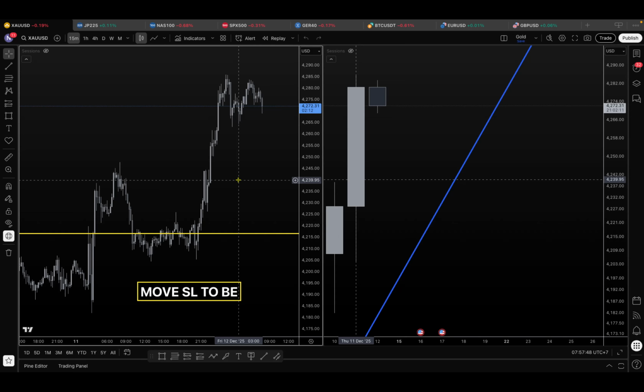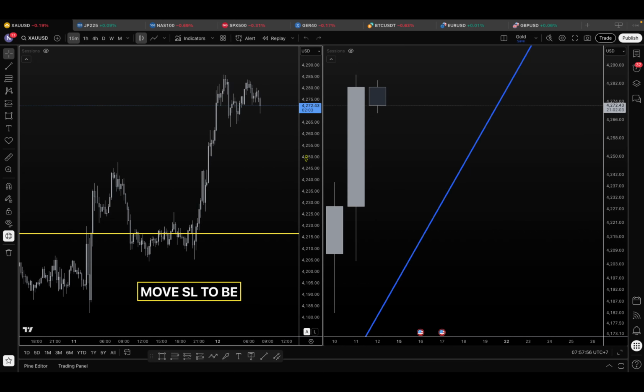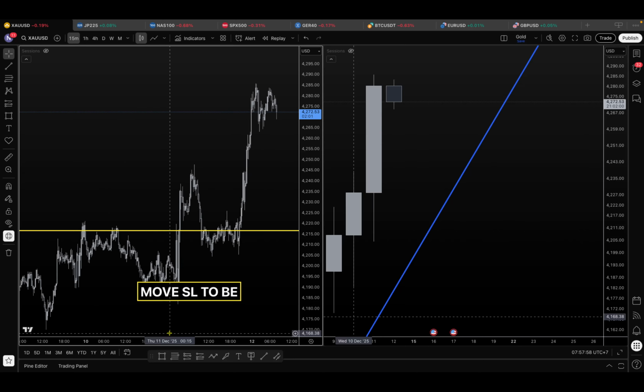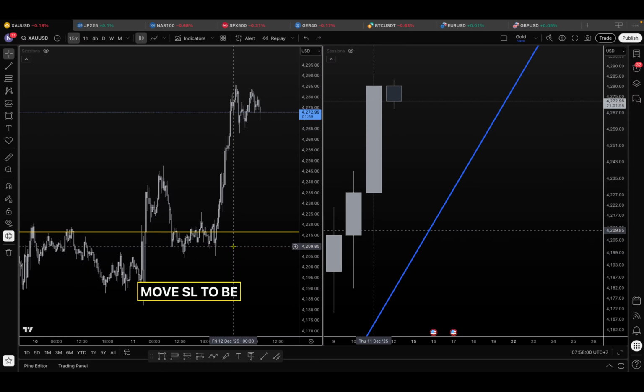But right now I want to manage the trade well, and keep my account out of the drawdown.